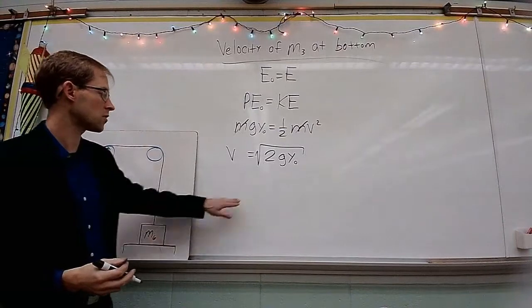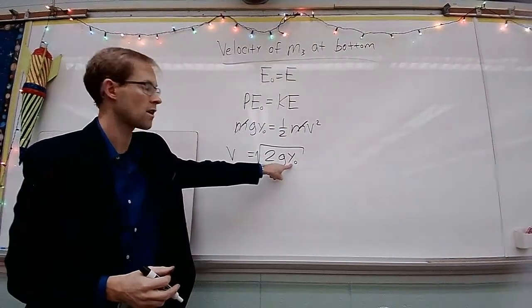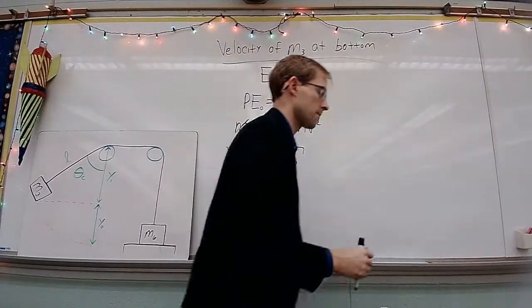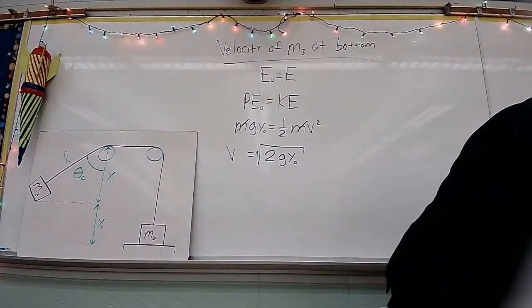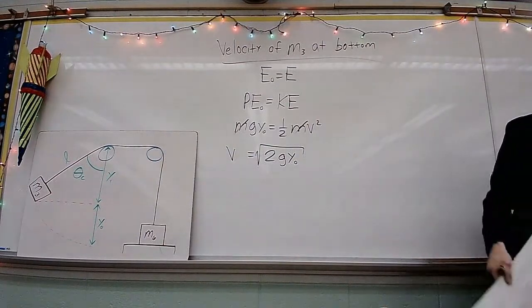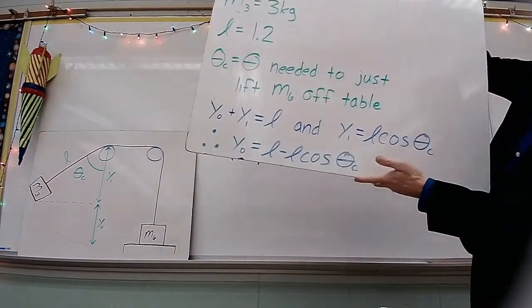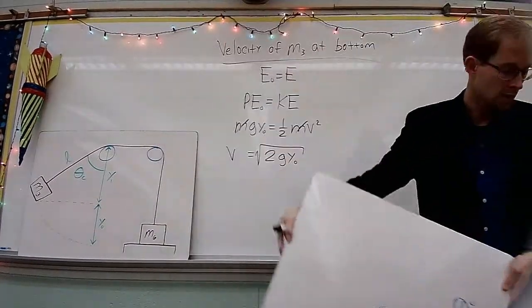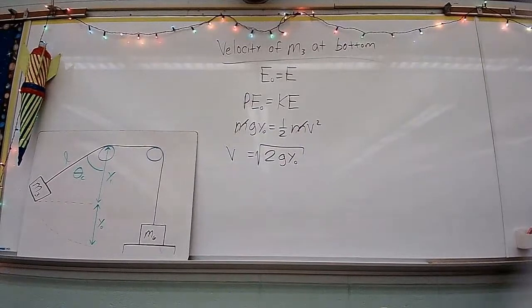Now the other thing too is, remember this y0, that original height, we actually defined already. We did that in the other whiteboard so that I won't have to do it again later. Original height is equal to length minus L cosine theta. So we're just going to toss that in right away.